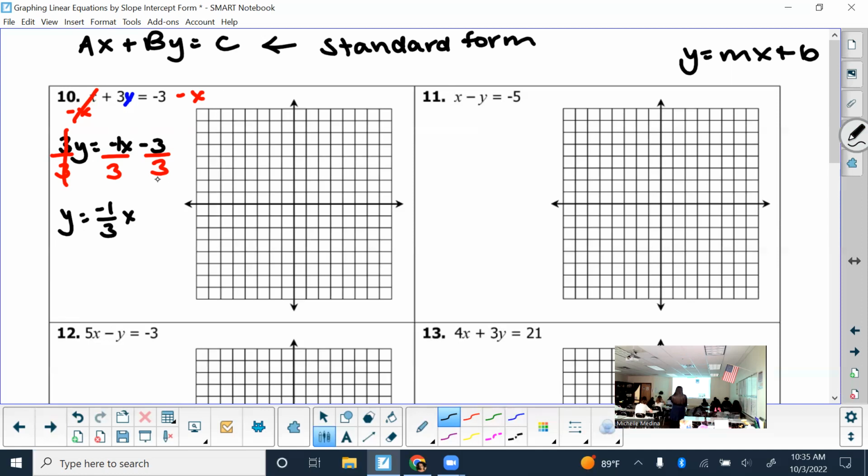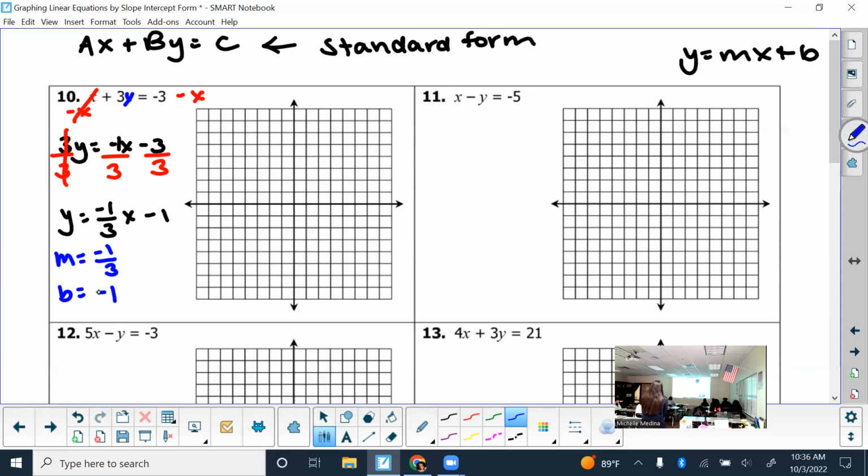What's negative 3 divided by 3? Negative 1. Is it in slope-intercept form now? So now identify your slope and your y-intercept. What's your slope? And what's my y-intercept? Negative 1.